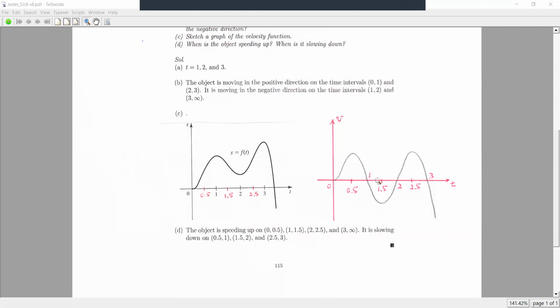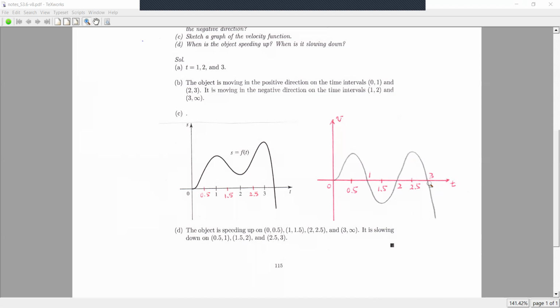So on this time interval, the object is speeding up and is moving in the negative direction because velocity is negative. Similarly, between 2 and 2.5, the graph of the velocity is increasing and is positive. So on this time interval, speed is increasing. So the object is speeding up and is moving in a positive direction.